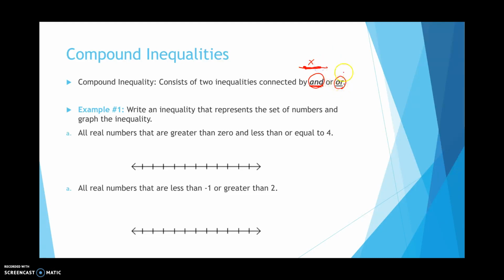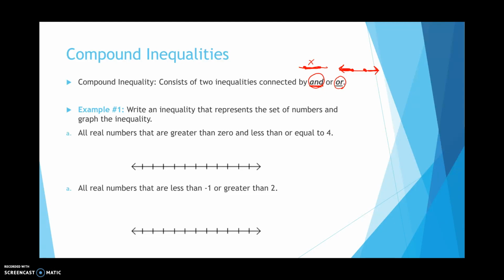Whereas with a statement "or," on a number line the situations go in opposite directions, something like this. So we're going to look at some examples working with and, or, and graphing it.